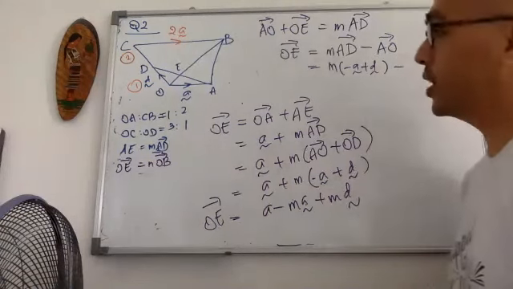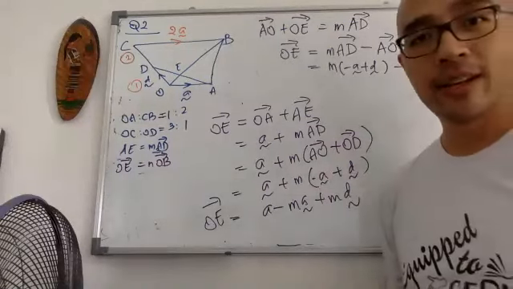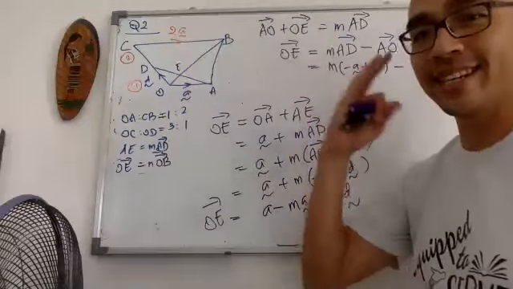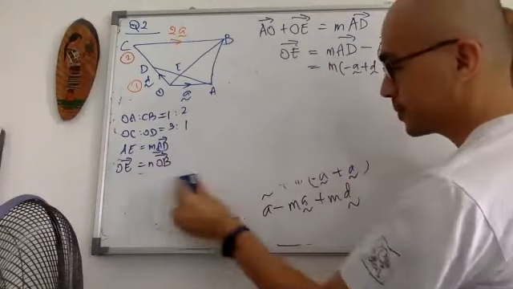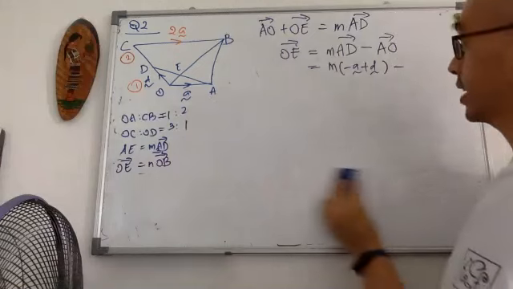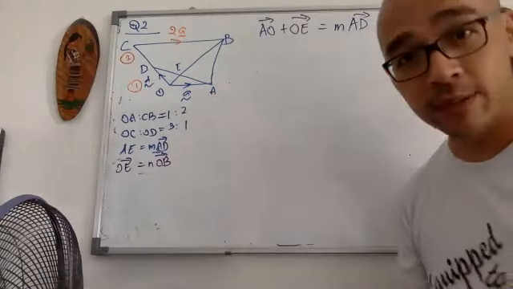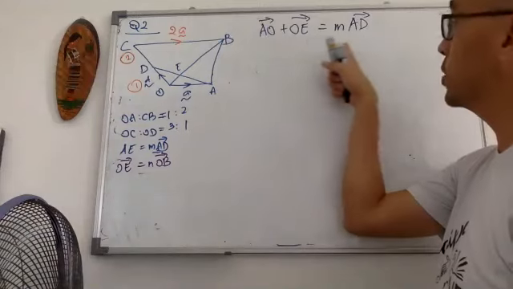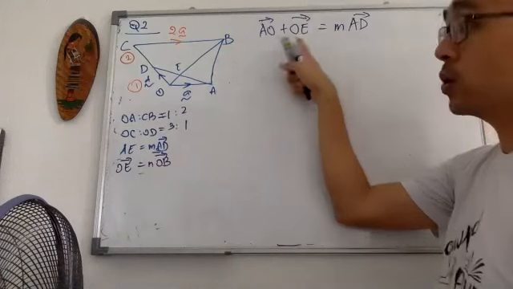I'm lost because something is, no. It's here. But, okay, hold on now. Let's see if I can figure this out. This is the first step. Actually, the answer scheme gives us this. AO plus OE equals M AD. Start from here, because we want this OE only.